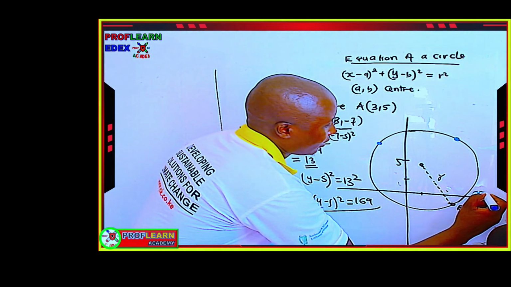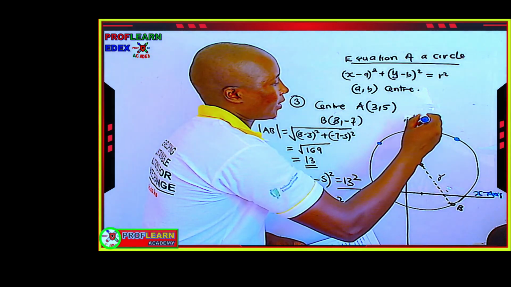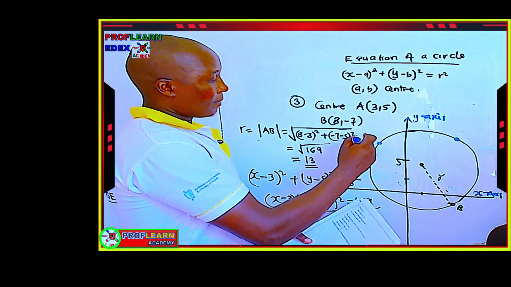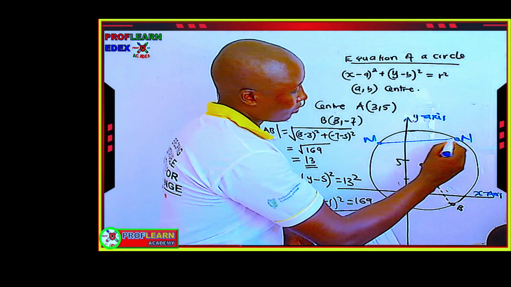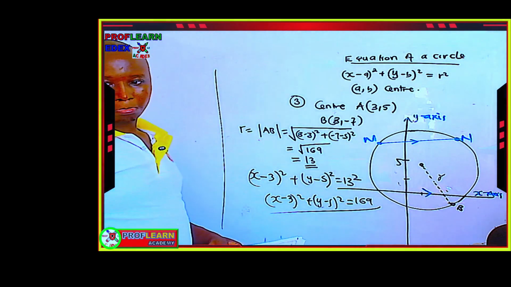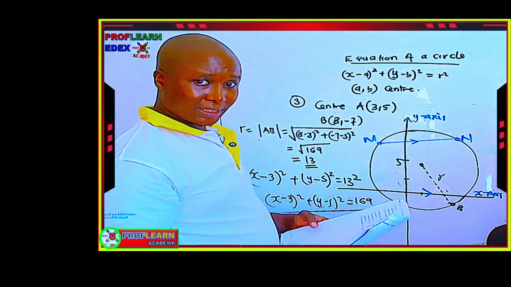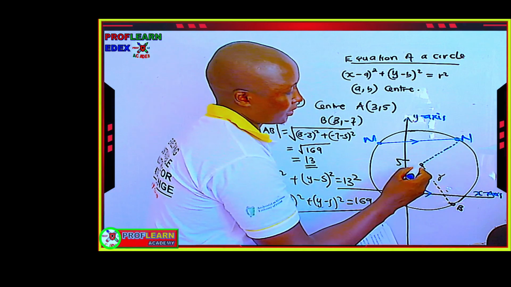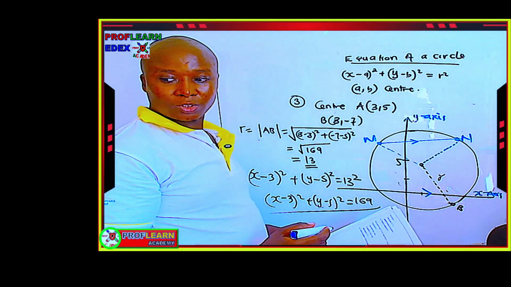Of course, we have the x-axis and we have the y-axis, right? So this MN forms a chord which is parallel to the x-axis. So if we have a chord that is parallel to the x-axis, it means if we draw a line from the center and we draw another line from the center, we are going to form an isosceles triangle.